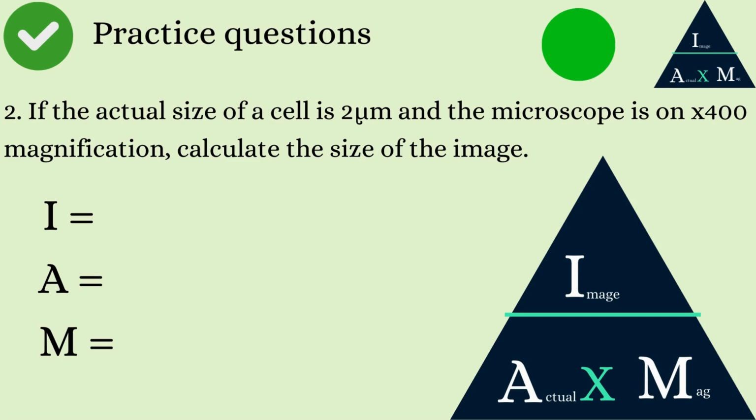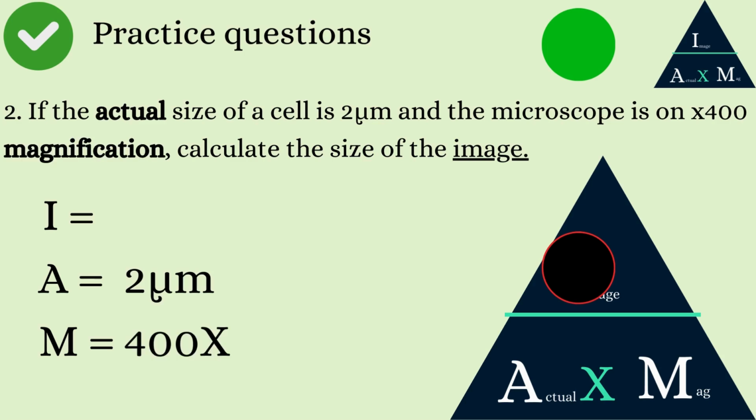For question 2, we follow the same method. If the actual size of a cell is 2 micrometers and the microscope is on times 400 magnification, calculate the size of the image. Now, we are calculating the image size, so I cover up the I and find the remaining information in the question, like the actual size, we've been told is 2 micrometers, and magnification, which is 400 times.